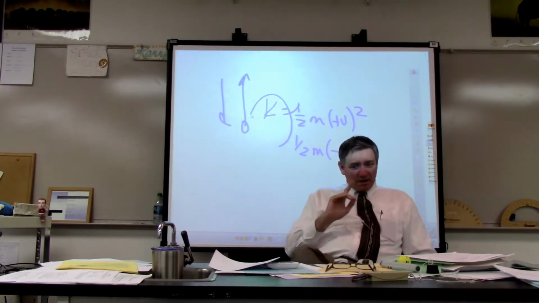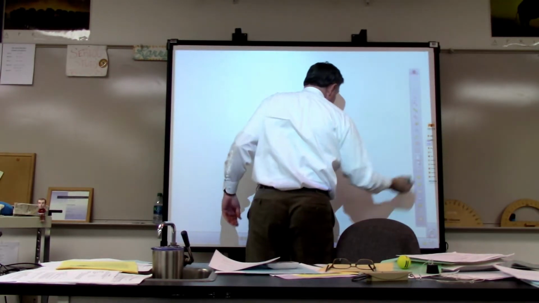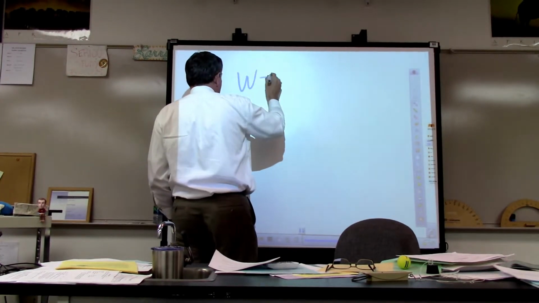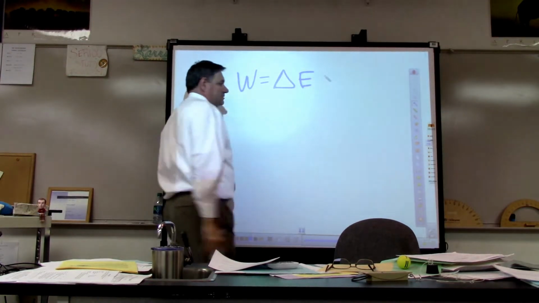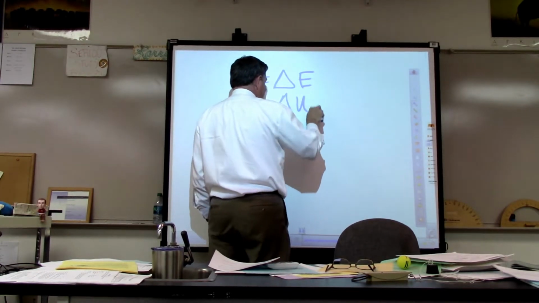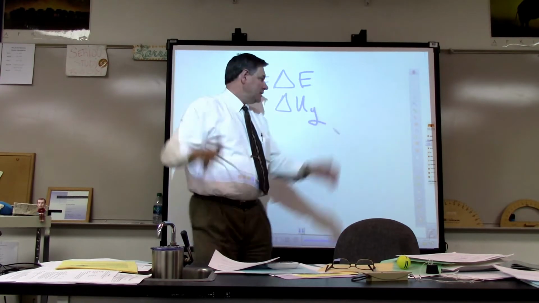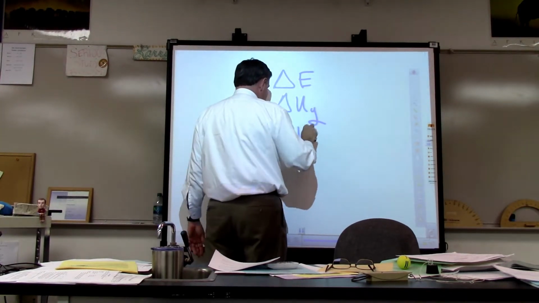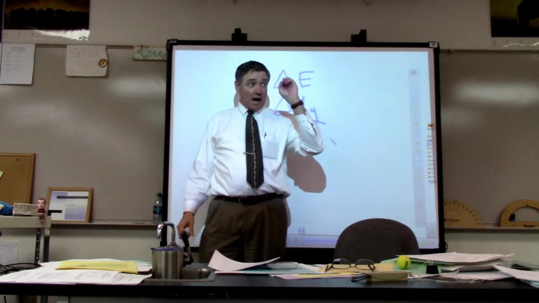So here's the great equalizer out of this deal. Work will always equal your change in energy. Now, that might be a change in UG, like if I lift Hank up. It could be a change in kinetic energy, like if you stop it.